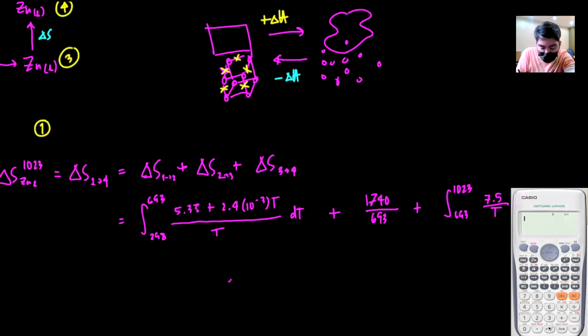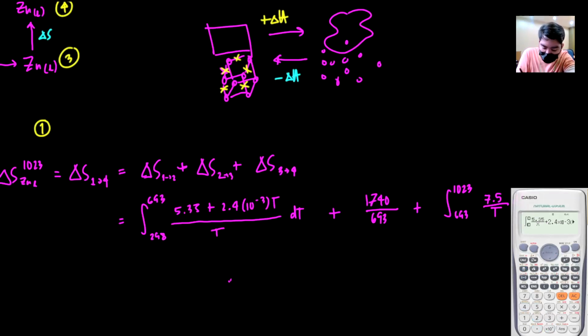So let's input. We do 5.35, so you can also experience what it looks like when we use calculators. You can input it directly. So 5.35 divided by, we can use alpha x, so x stands for T here. Plus 2.4 times 10 to the negative 3.